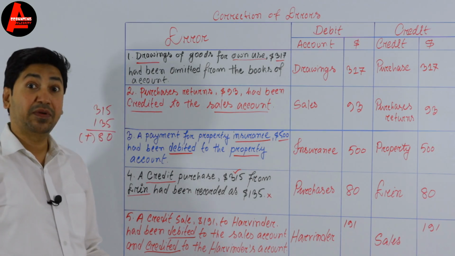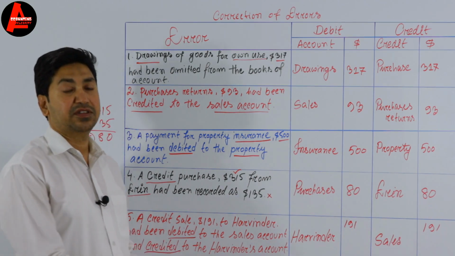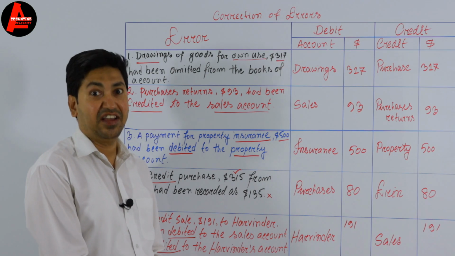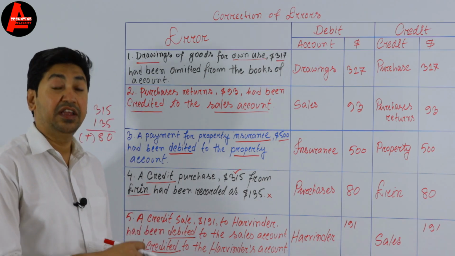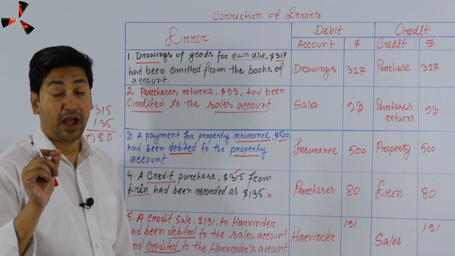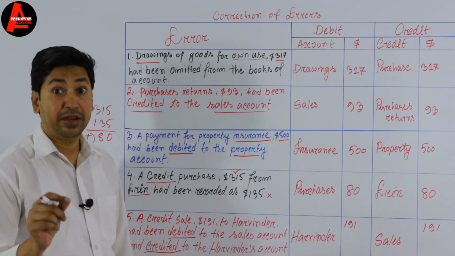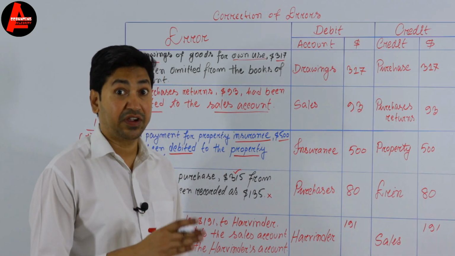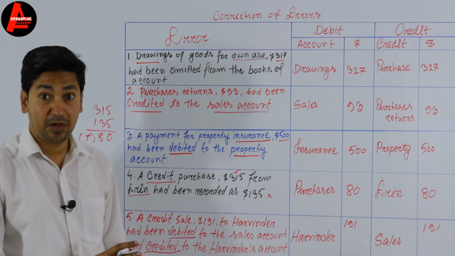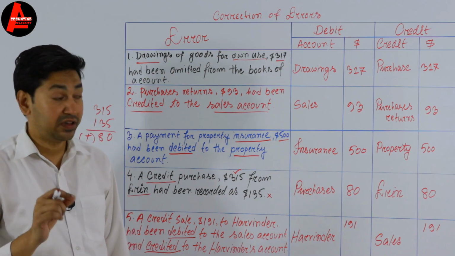So sales was supposed to be credited, but it came on the debit side. Okay, so if you write a debit entry on the credit side, or a credit entry on the debit side, you always double the amount. I repeat, if you get this type of transaction in your exam, you need to double the amount.